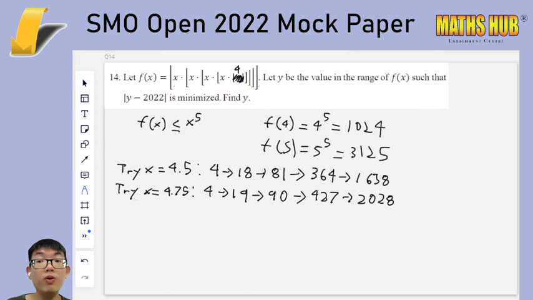And if you go any lower than 4.75, the point is that this innermost layer is going to drop by 1. So it's already going to be at most 18 in the second spot.